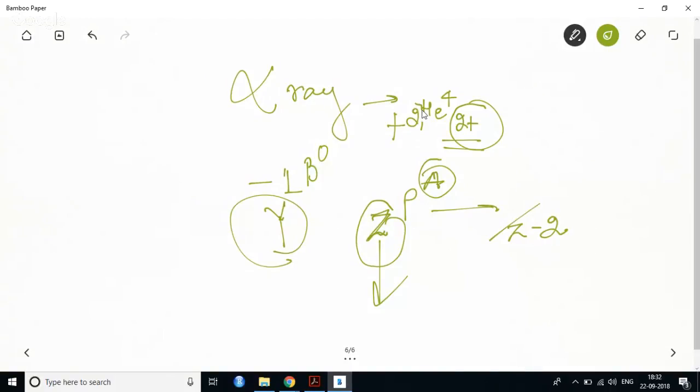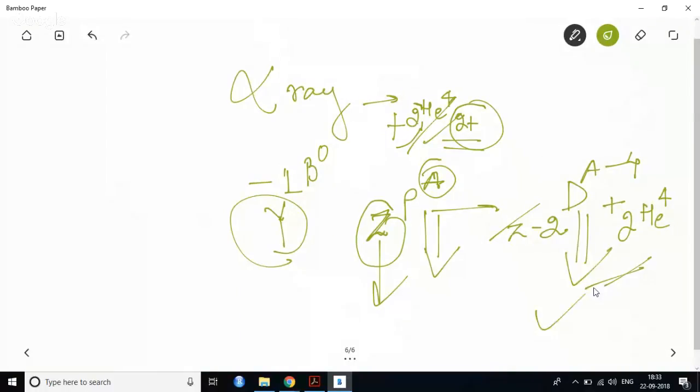Why? Because a helium atom is coming out, whose atomic number is 2. So 2 is going to this helium atom. Hence for the parent atom this would be Z minus 2, and the mass number will decrease by 4, and you will have a positively charged alpha particle. As simple as that. Here P is called the parent nucleus, and D is called the daughter nucleus.